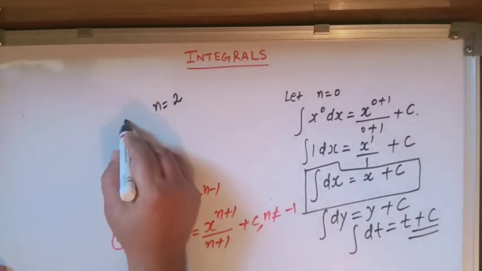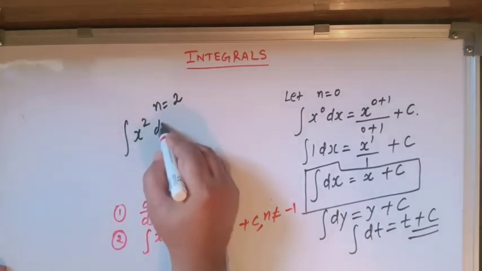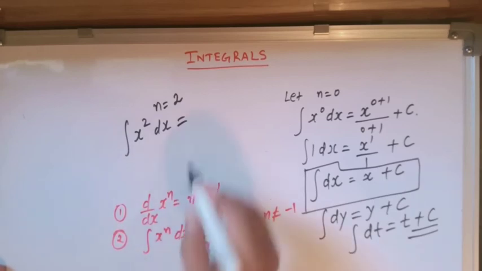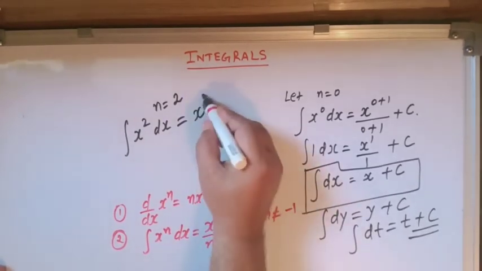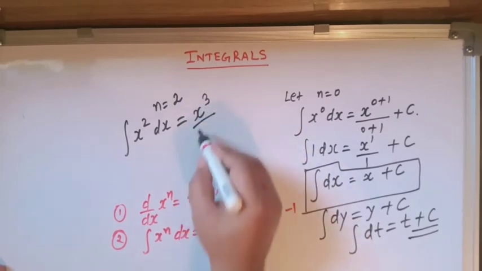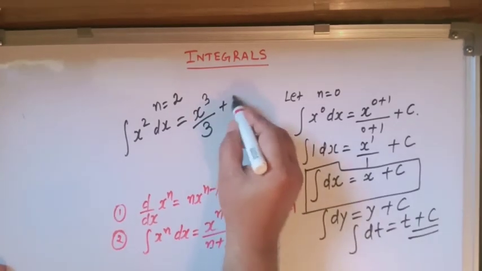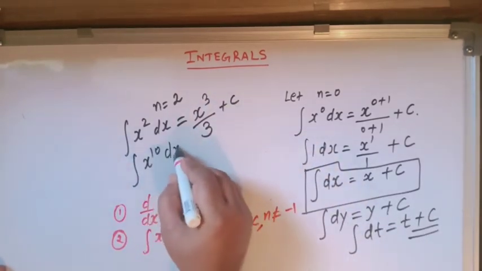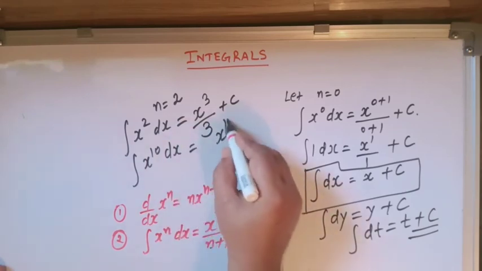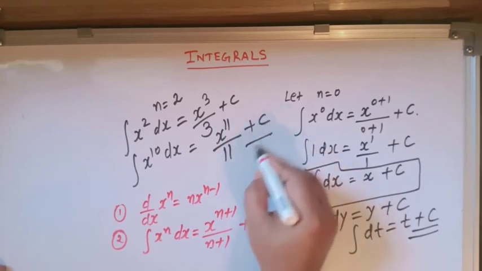Then we have the integral of x square dx is equal to x raised to 2 plus 1, that is 3, divided by 3, so x raised to 3 divided by 3 plus c. Clear? Similarly, the integral of x raised to 10 dx is equal to x raised to 11 divided by 11 plus c. Clear?